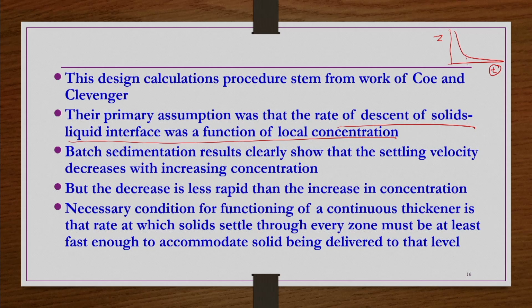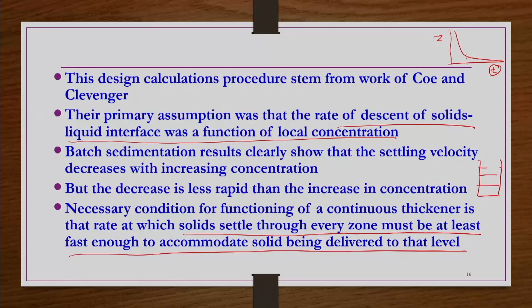So, the necessary condition for functioning of a continuous thickener is that the rate at which solids settle through every zone must be at least fast enough to accommodate the solids being delivered to that zone, right. Let us say you have different zones, A, B, C, D, something like that.